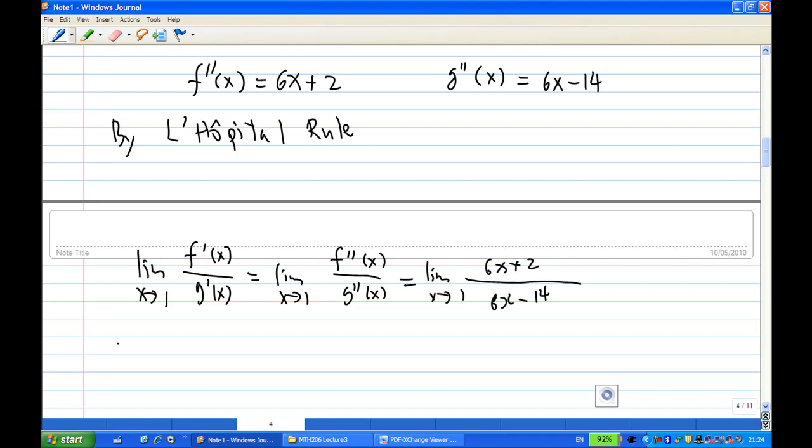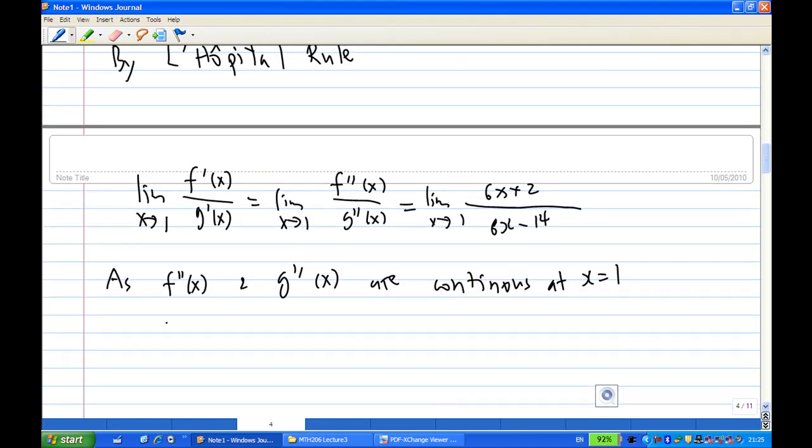Now you notice that f double prime of x and g double prime of x are continuous at the point 1 since they are polynomials. f double prime of 1 is equal to 6 times 1 plus 2, which is 8. g double prime of 1 equals 6 times 1 minus 14, which is minus 8.